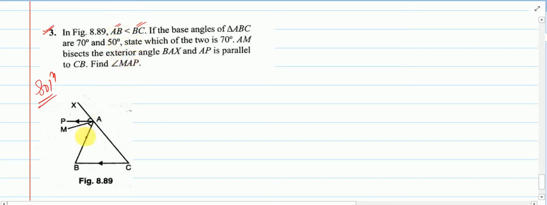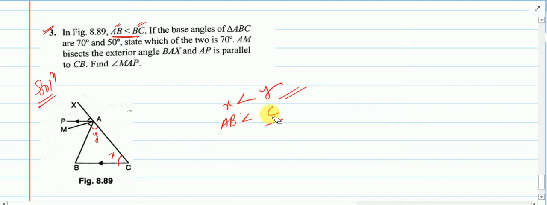Here the angle opposite to AB is this, let's say this is X, and the angle opposite to BC will be this, let's say Y. Since AB is less than BC, therefore the angle opposite to BC, that is Y, will be greater than the angle opposite to AB. So due to this information, we are getting this.